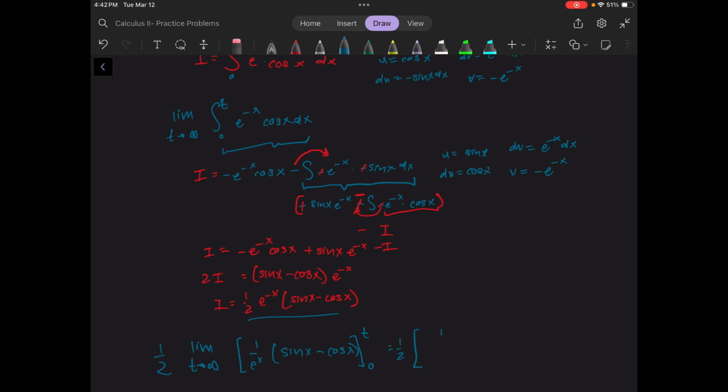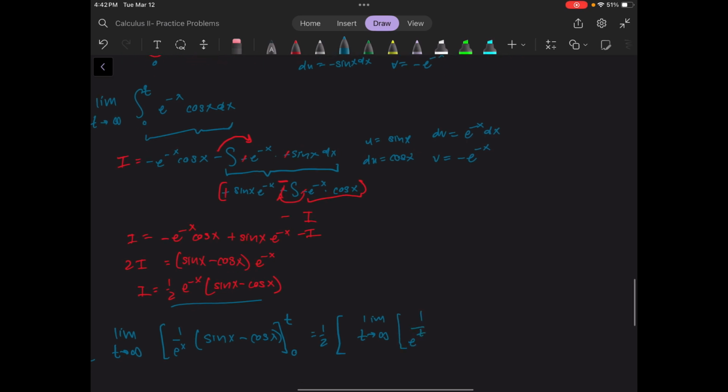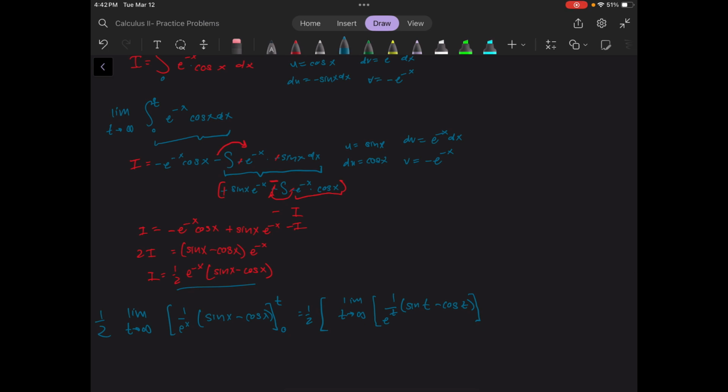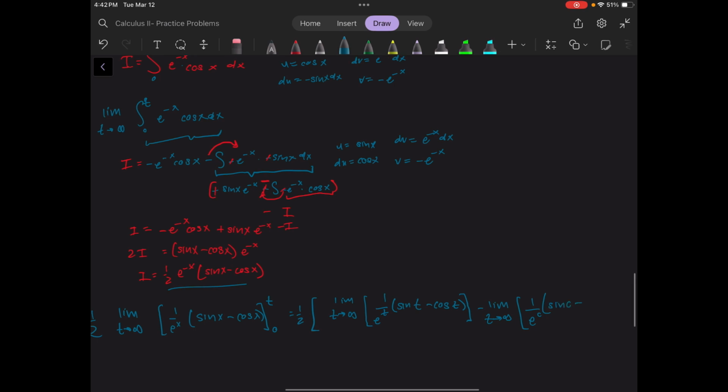We have a limit as t approaches infinity of 1 over e to the t, and then we have sine t negative cosine t. And then we're going to subtract off the limit as t approaches infinity of, again, 1 over e to the 0 sine of 0 minus cosine of 0.